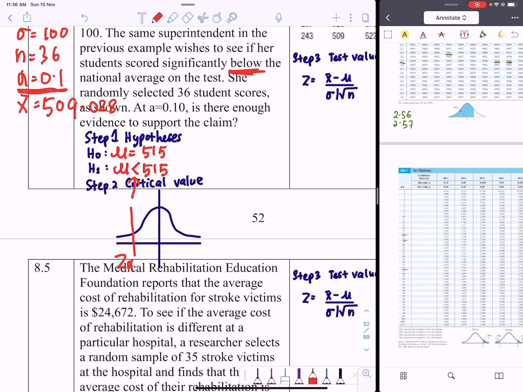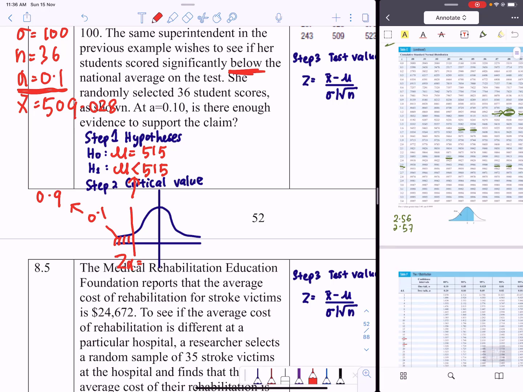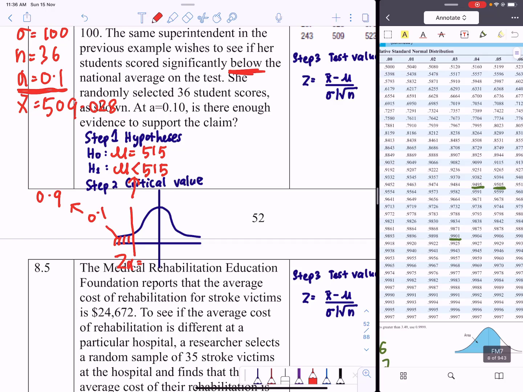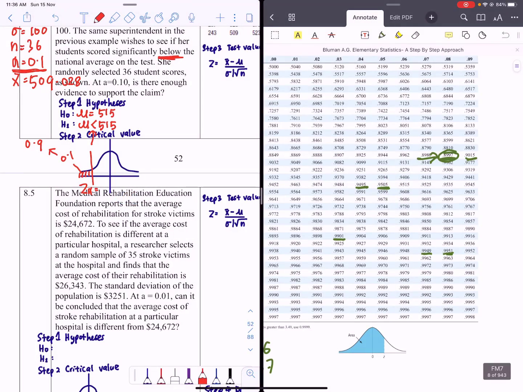Z alpha. We need to find the Z score for the area 0.1. But we cannot use 0.1. We need to use 0.9, because all the information inside the table is higher than 0.5. I already explained many times about this one.